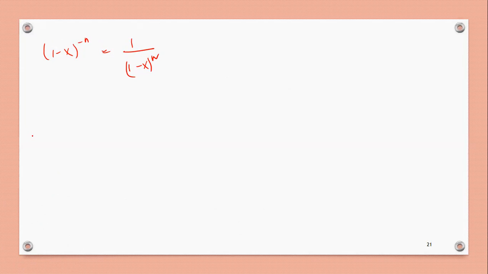So normally we know what is 1 plus x whole power n. What is that? This is our binomial theorem from our earlier chapter.